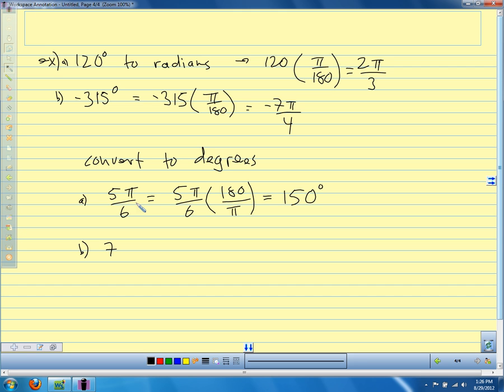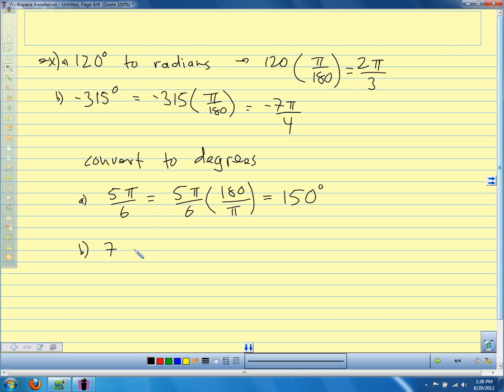Pi is 3.14, so 2 pi is a little more than 6, right? 6.2-ish, right? So one rotation all the way around the circle is only about 6 radians. So 7 radians is going to be more than one rotation around the circle. So that gives you an idea of how big 7 radians is.